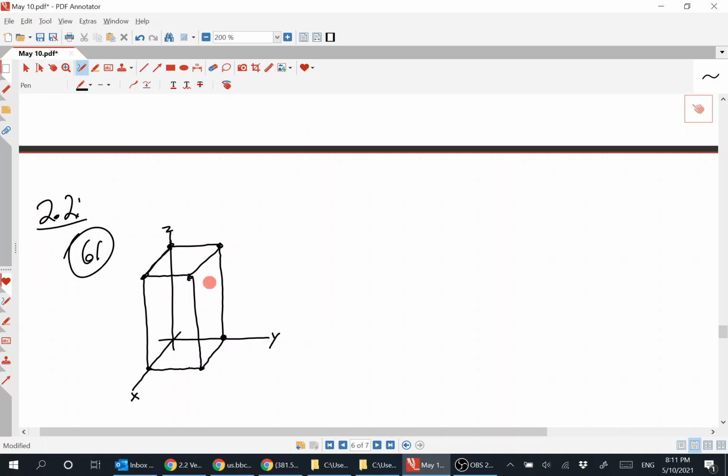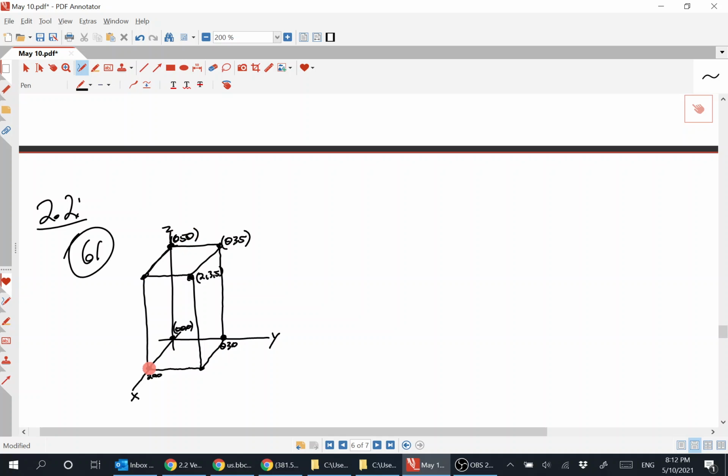And this point here is (2, 3, 5). And this point here is (0, 0, 0). So the x-coordinate there is 2, so this is (2, 0, 0). The y-coordinate is 3, so this is (0, 3, 0). The z-coordinate is 5, so (0, 0, 5). On the yz plane, we have the y and z, so that's (0, 3, 5).